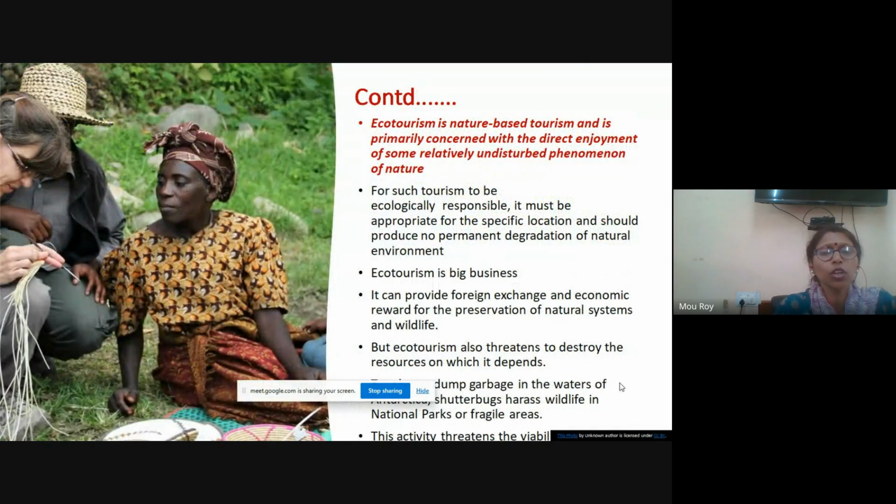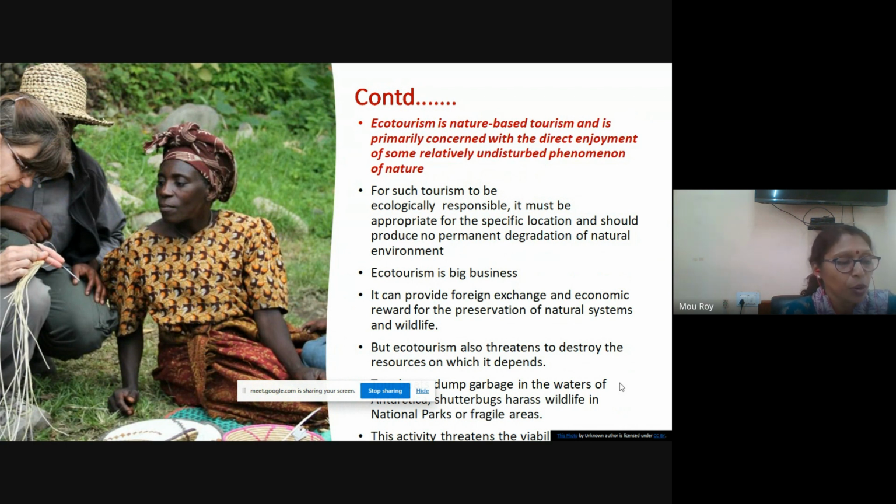Okay. So there is ecotourism, as I've already mentioned. It is nature-based tourism, and it is primarily concerned with the direct enjoyment of some undisturbed phenomenon of nature. It is very natural. You enjoy the natural beauty of the particular destination. Basically, ecotourism is very low impact tourism where people always make a conscious effort to appreciate the environment.